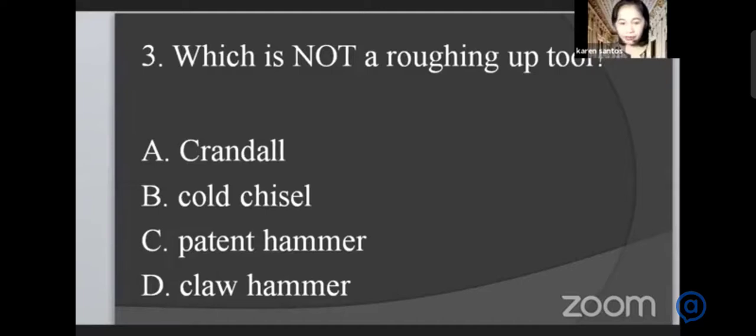Okay, so the correct answer is letter D, claw hammer. This is the tool for driving or pulling nails. Wrapping up tools are usually the tools for the necessary process of preparing, arranging, forming, laying, and of course, shaping.